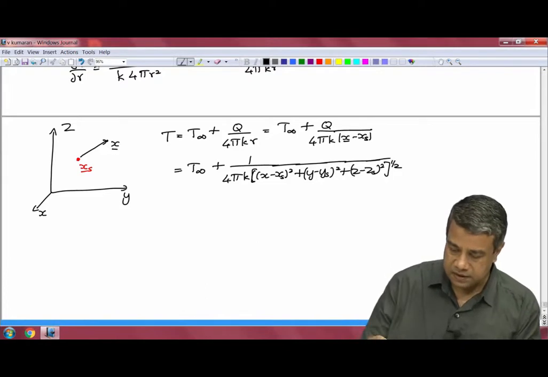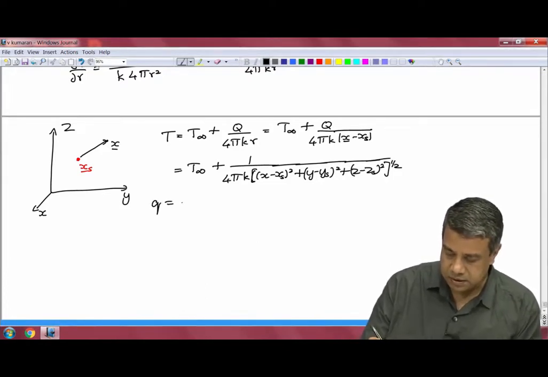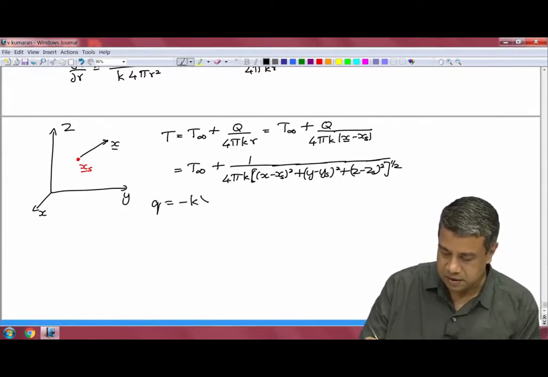I can get the flux q at any location is equal to minus k times the gradient of temperature.